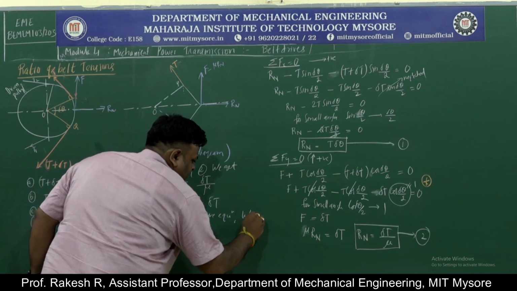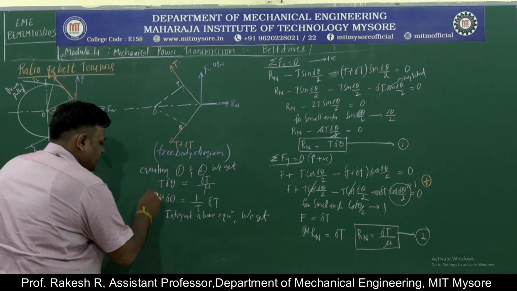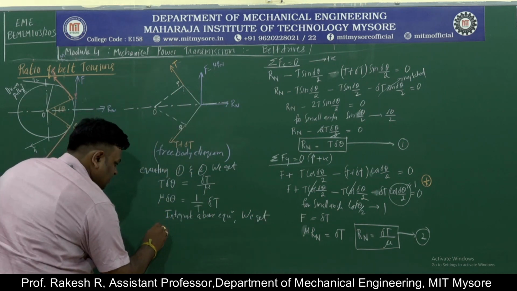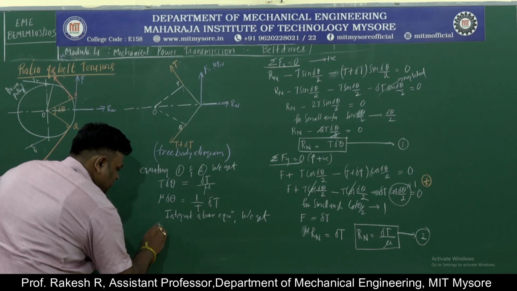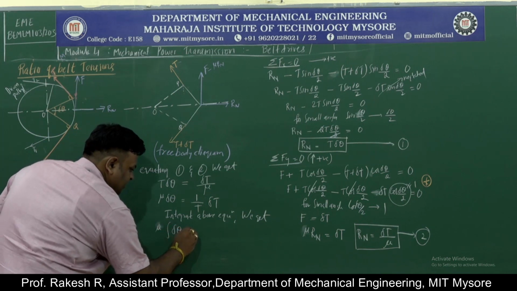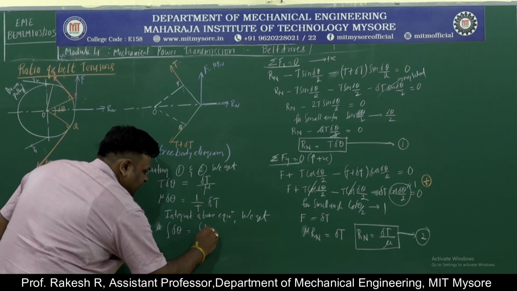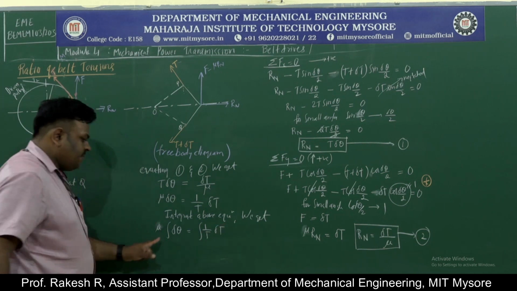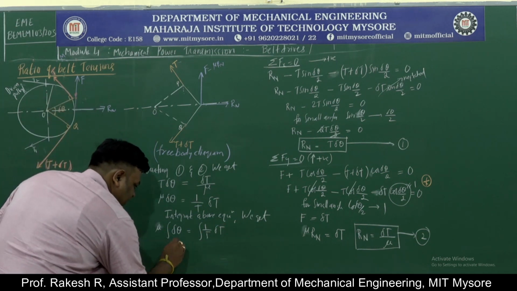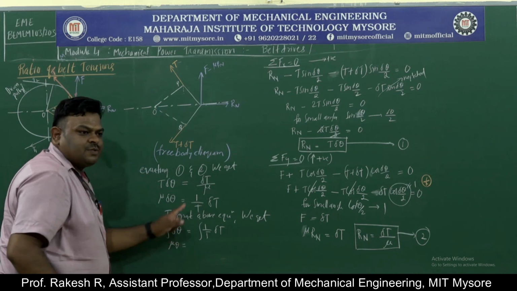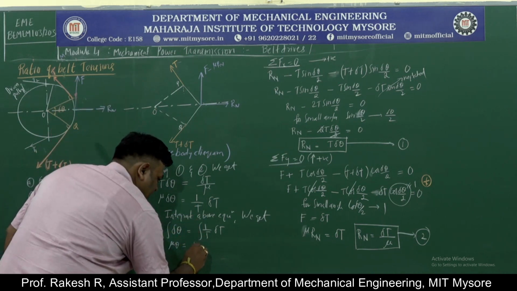We get mu into, mu is constant, integral of delta theta is equal to integral of 1 by T delta T. Mu into integral of the variable is theta. So 1 by T, the integral of this is log x.